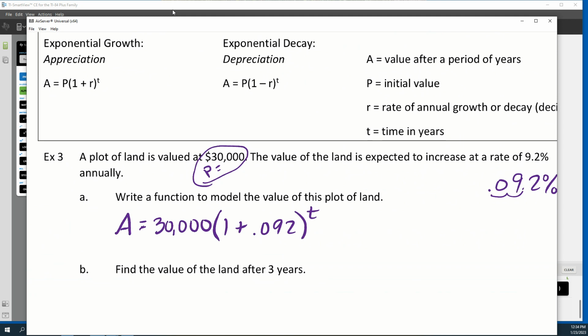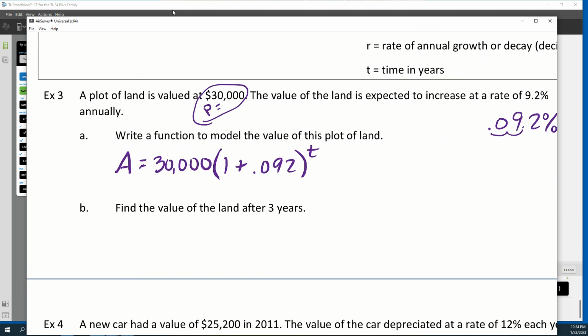Now, sometimes on your problem, they just want you to write it and be done. These examples, I'm having you do a little more just for practice, but if it just asks you to write a function to model, you're done. But if it asks you to use it, like this one, we're going to put that 3 in for t and figure out what happened with this land just sitting there for 3 years.